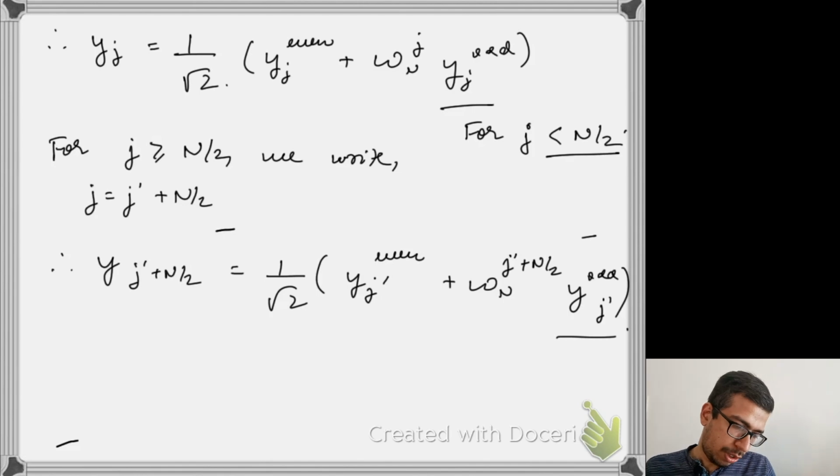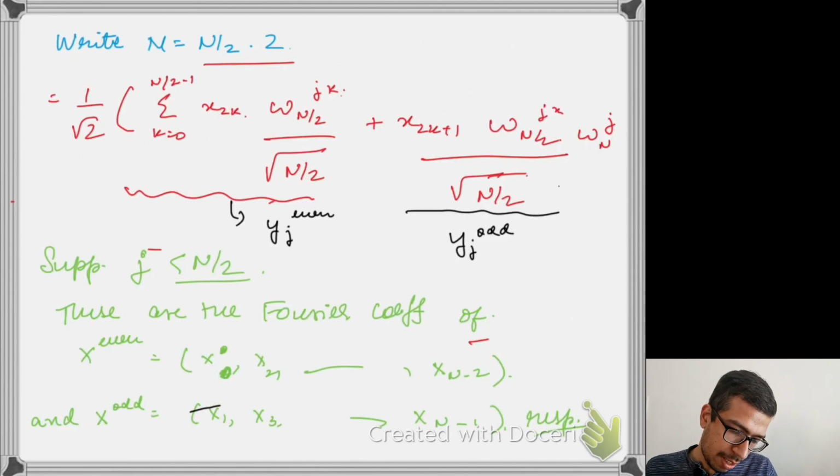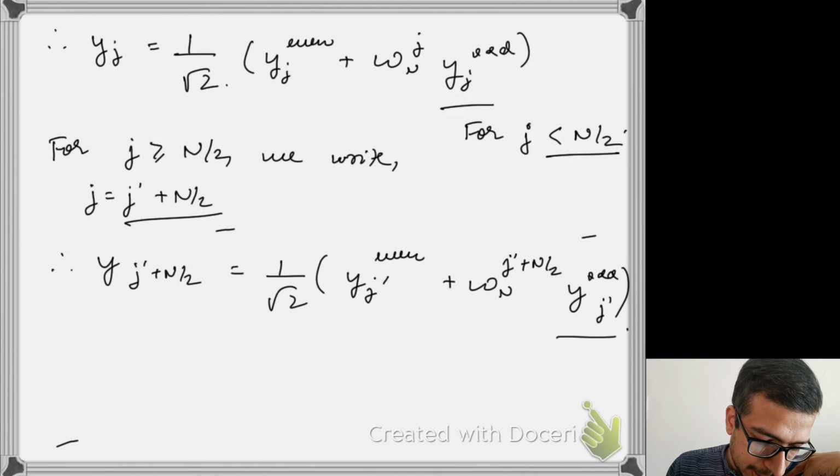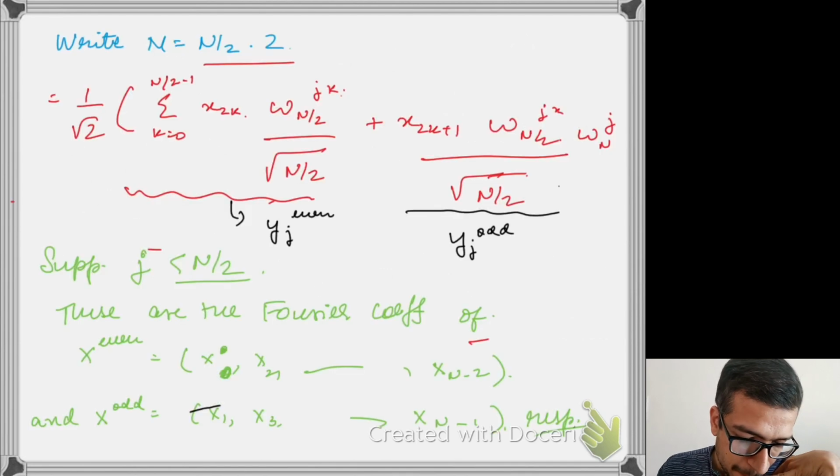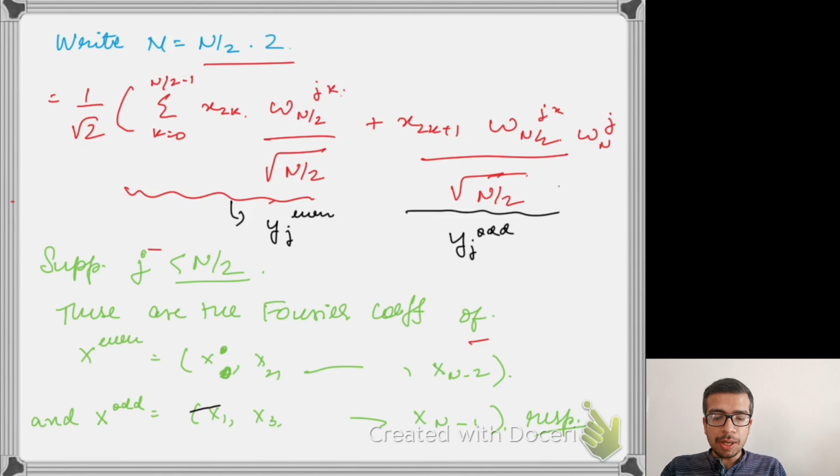Because what's happening here is that if I replace j as j prime plus capital N by 2, and essentially omega sub capital N by 2 to the power of n by 2 k, that will just give me identity. So I'm just, you know, leaving it as a homework exercise.